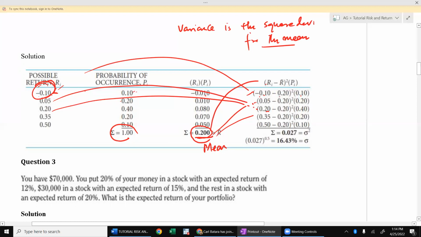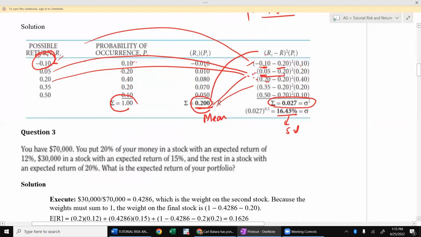So this is the individual return minus 20, the mean, deviation from the mean, and squared, it will become variance. So when you get this, it is variance. When you take the square root, it becomes standard deviation. Okay, a simple question of calculating risk and return using probability.